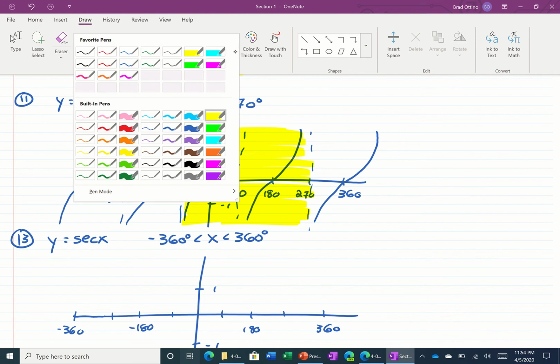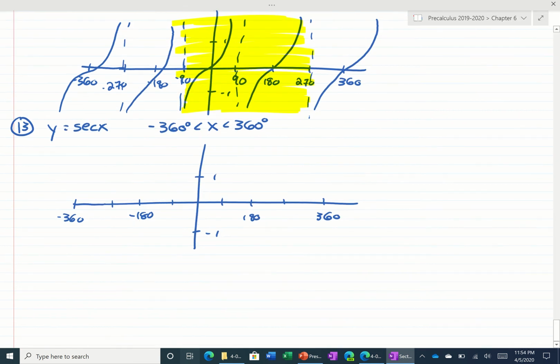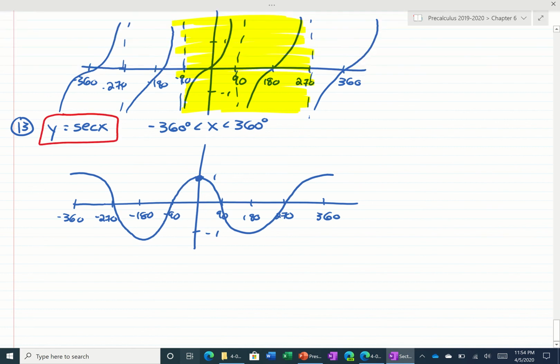And last but not least, secant. In order to graph secant, we need to know what cosine looks like. And cosine would start at 1. It goes 0, negative 1, 0, 1, like that. That's what cosine looks like. In order to graph secant, secant's the reciprocal of cosine. So at 1, secant would be 1. At 90, it would be undefined because cosine is 0. Every time cosine is 0, secant would be undefined.